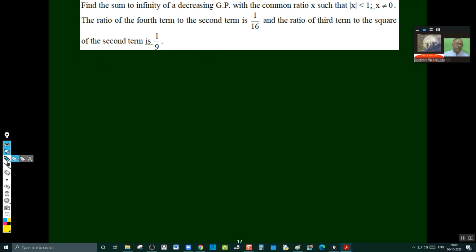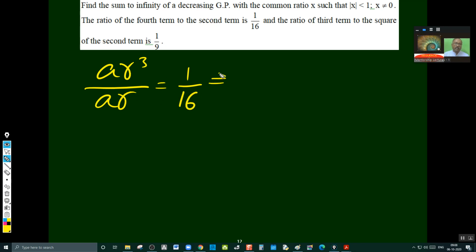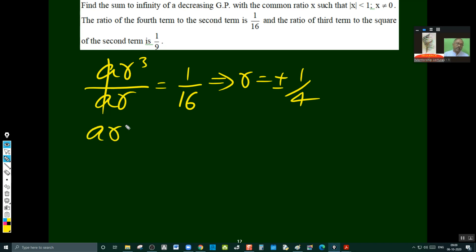The ratio of the fourth term AR cube to the second term, AR, is given to be 1 by 16, implies that R is plus or minus 1 by 4, straight. ये A कट जाता है. और दूसरा, the ratio of third term to the square of the second, ये AR square whole divided by A square R square is given to be 1 by 9.